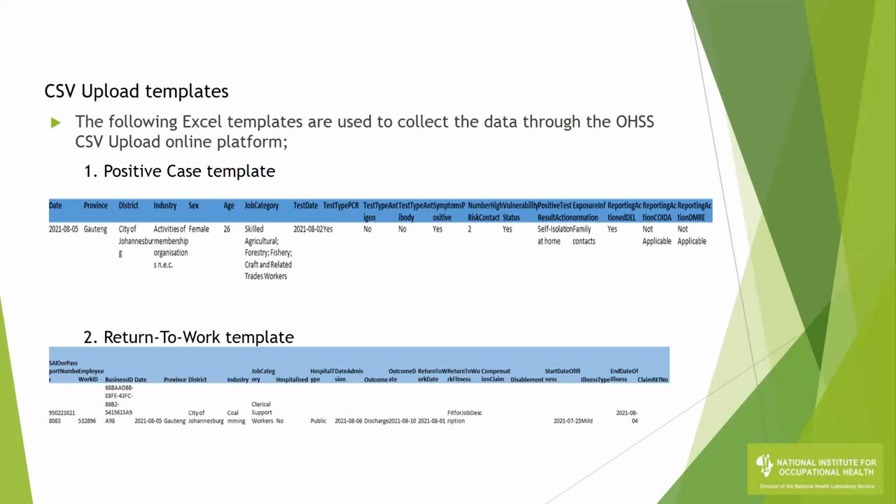For example, let's say you add a column for your employee names to make it easier for you. But when you submit the data, please be sure to delete that column, because our system is built to expect the number of columns that are in the prescribed templates, and nothing more and nothing less.